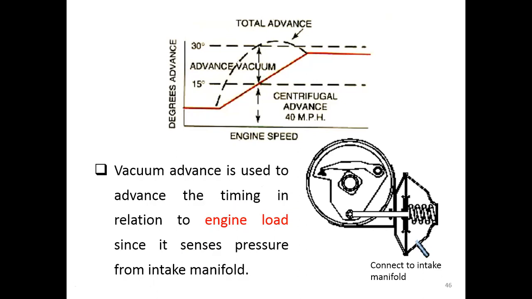The vacuum advance mechanism senses the vacuum inside the engine, which represents the engine load. Okay, so that is for today, for the ignition system. Today we learned the ignition system, firing order, and the advance mechanisms all together.